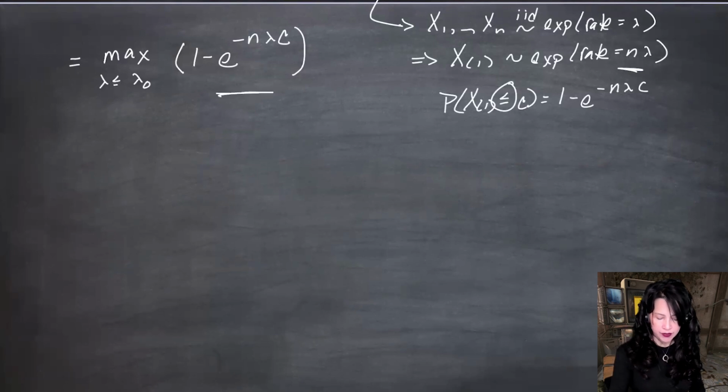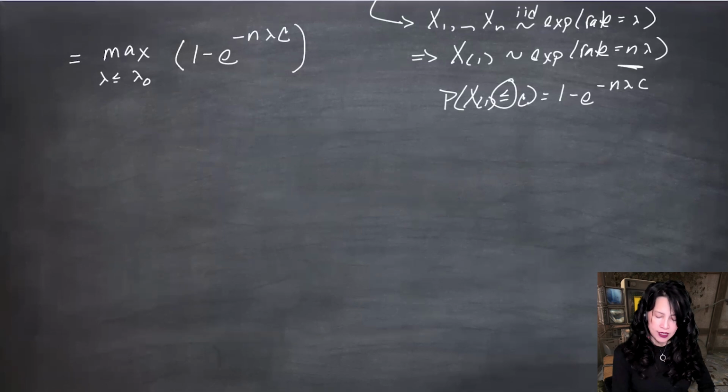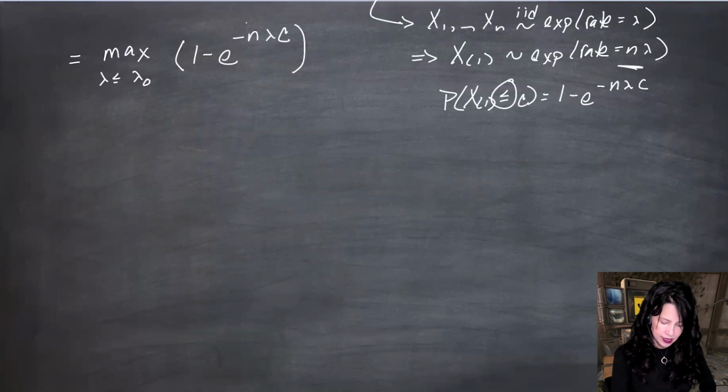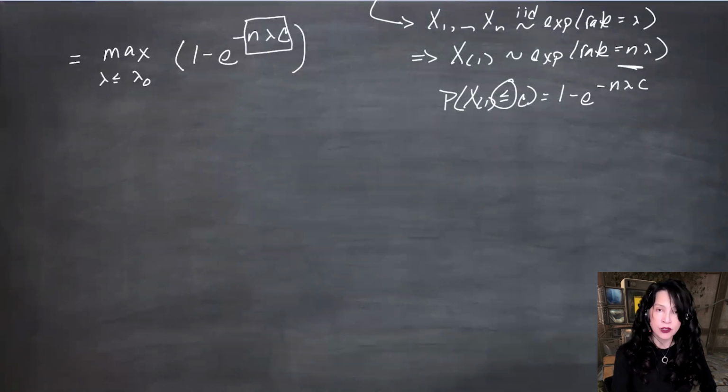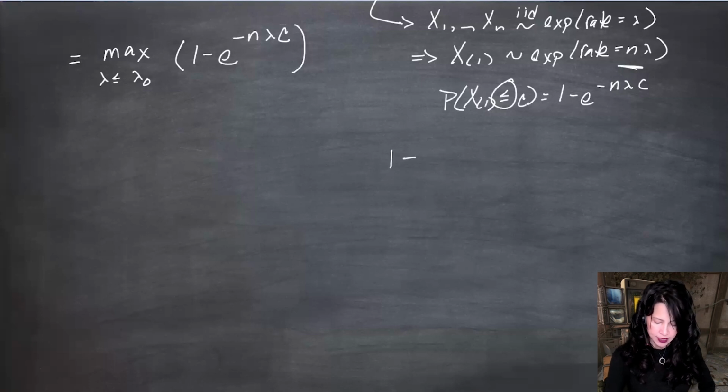You might graph this function, but I don't think we even need to do that. Look at this as a function of lambda. As lambda gets large, this part of the exponent gets large. And that means that if you put the negative in front of it, this gets small. Or better than that, let's look at this as 1 minus 1 over e to the positive n lambda c.